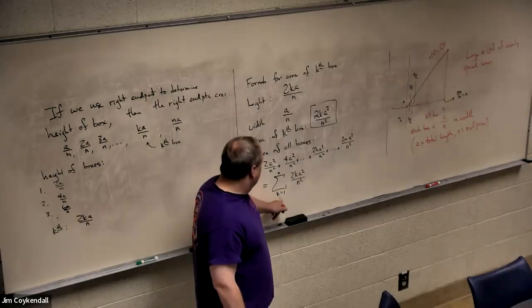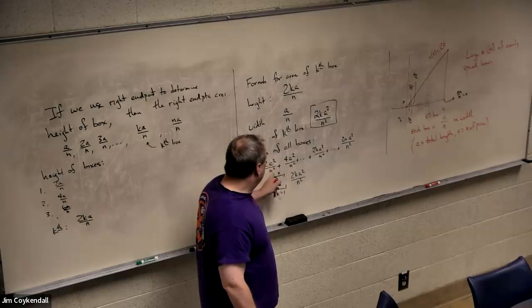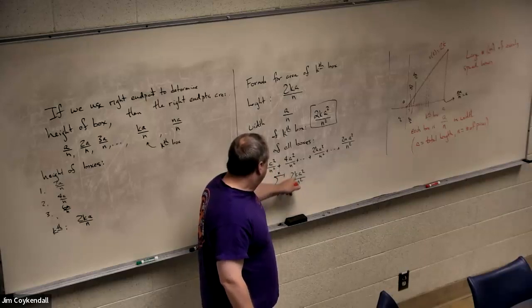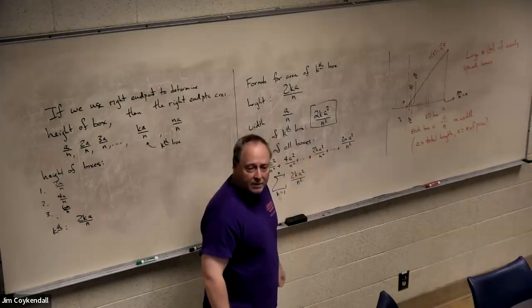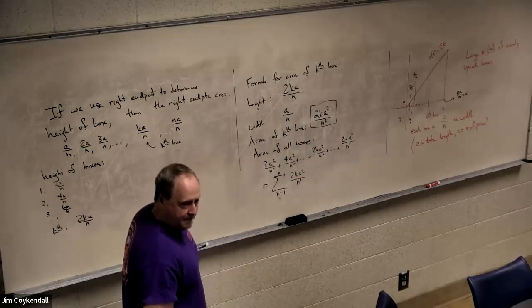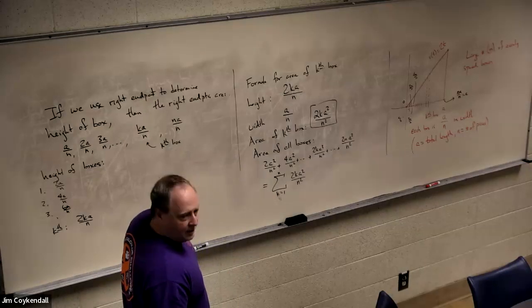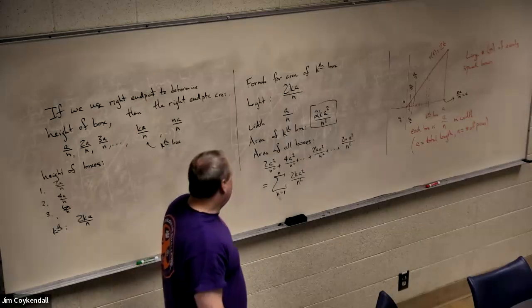Notice how the formula works. k equals 1 is 2a squared over n squared. Bang. k equals 2, 4a squared over n squared. Bang. k equals 3. So let me get you a nice approximation.